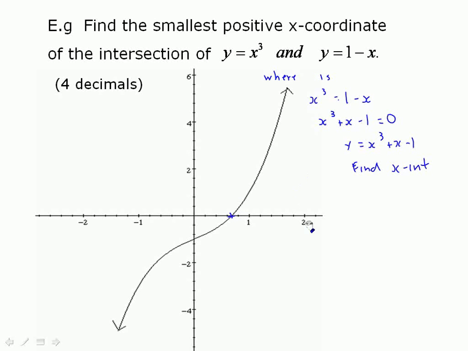And you should get, for an answer, 0.6823. And check that out, make sure that you get that. If you run into problems with it, let me know and I'll see what I can do with it.